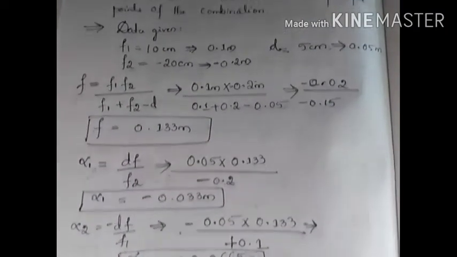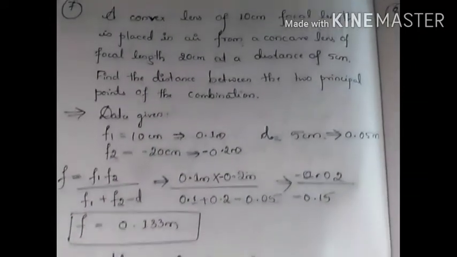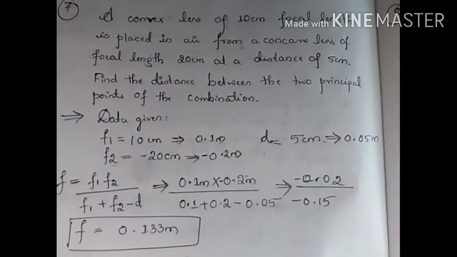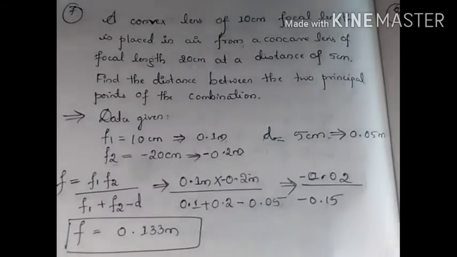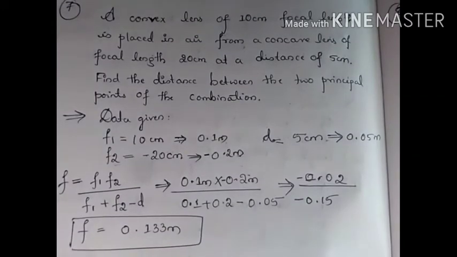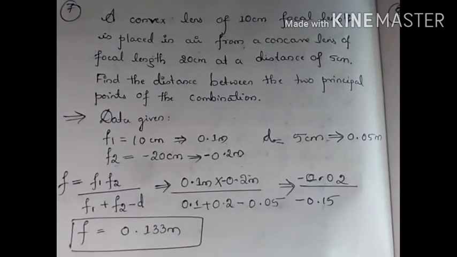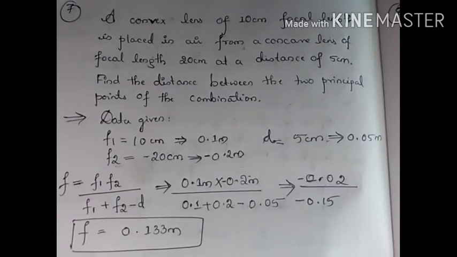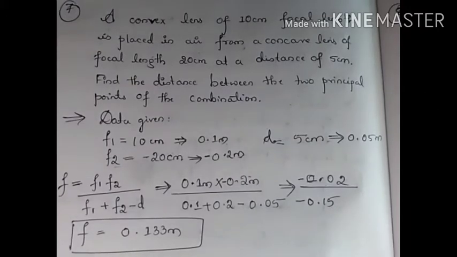So to do that, we have solved the problem first. To find the distance between the two principal points, we need the values of alpha 1 and alpha 2, and the value of d is already given. So d here is 0.05 meters. From the values of alpha 1 and alpha 2, we can find the separation between the two principal points.